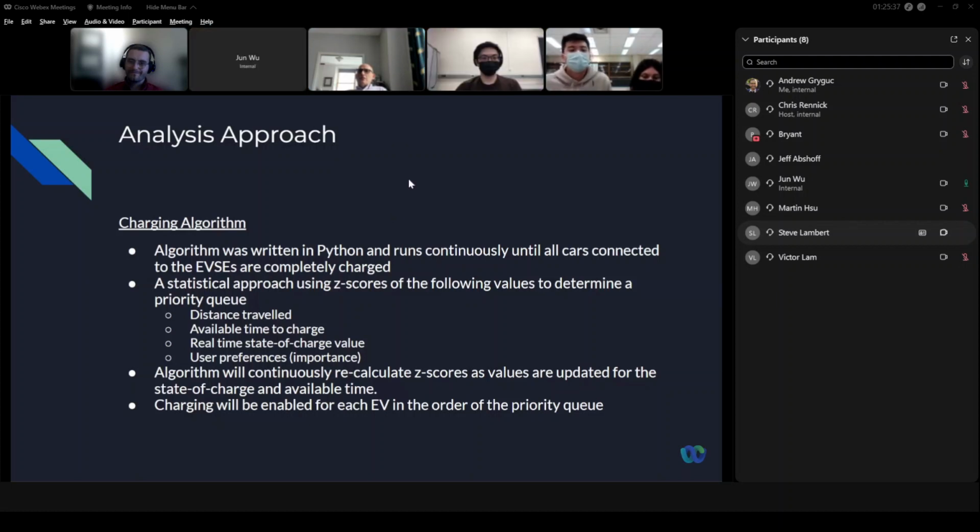The EVSE indicates to the vehicle how much current is available at that station, and the vehicle detects that and has the liberty to consume however much current it wants within that constraint. So suppose that for a given EVSE, 20 amps were available at one time. The EVSE would indicate that 20 amps were available, and the vehicle could consume any current that it needs within 20 amps. It could choose to take between 0 and 20.